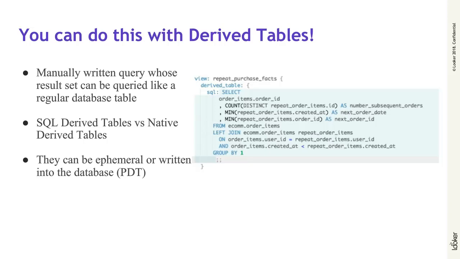We're not really going to get into the details of how to produce a persistent derived table today, but essentially with a persistent derived table, because you're writing the results of your derived table query directly into your database, I as the end user will not have to sit there and wait for the derived table query to produce the results, because the results are already there. So oftentimes we create PDTs for performance gains.